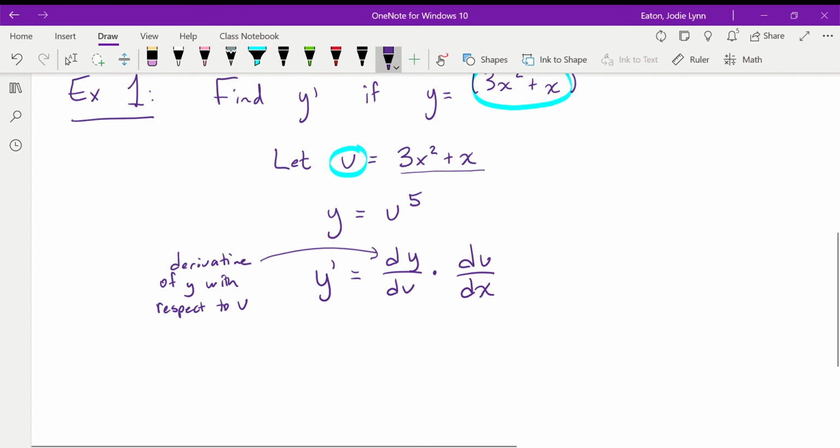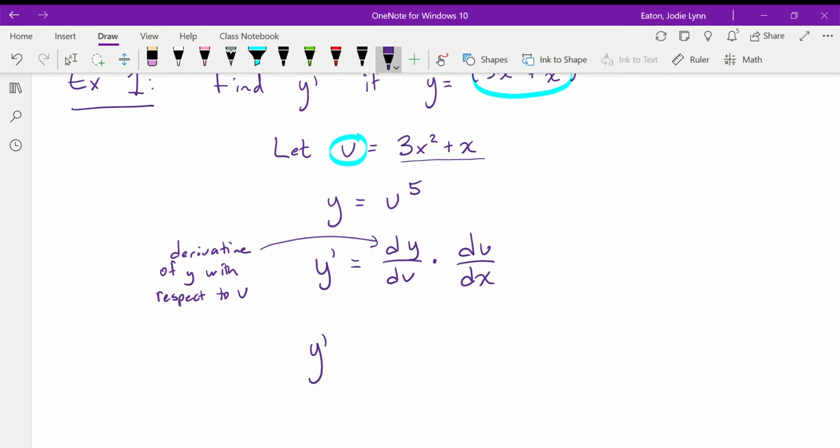So what does that look like? So y prime, dy/du: we have y equals u to the fifth, so dy/du is just equal to 5u to the fourth, just as if we're treating u as the variable. Now we're going to multiply it by du/dx.